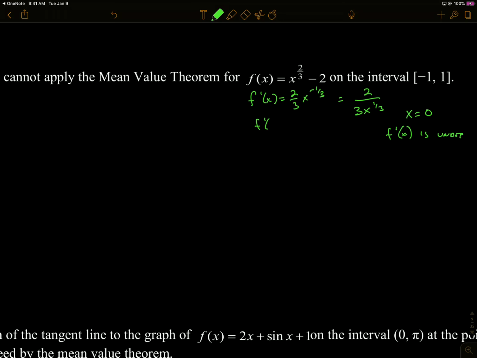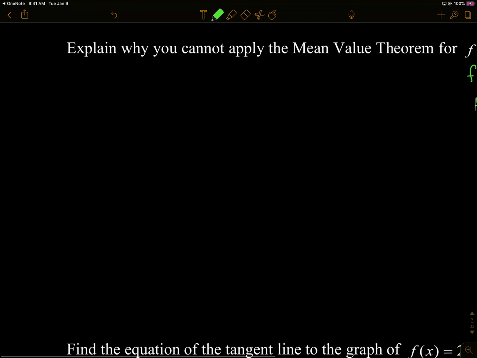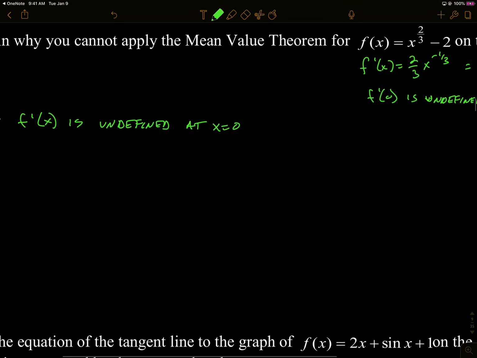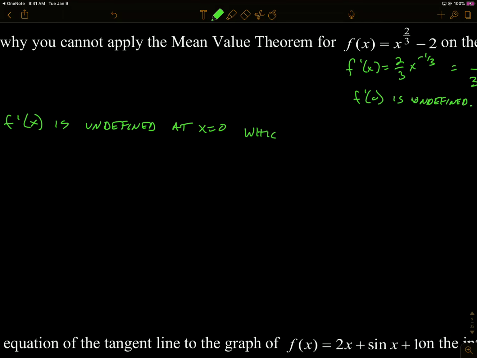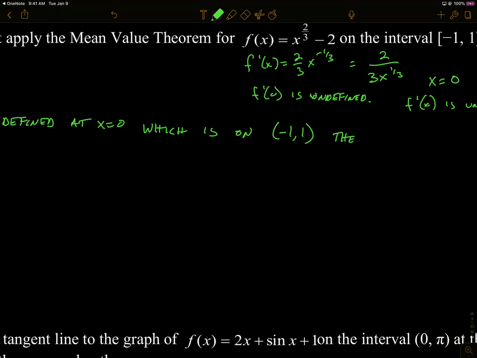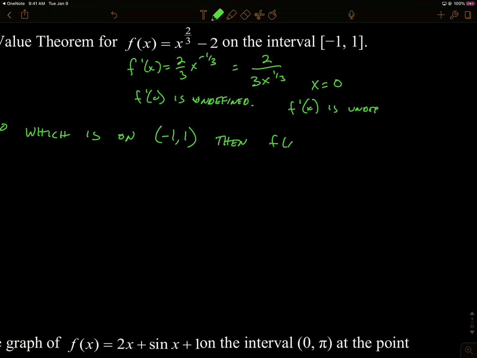So I can say f prime of 0 is undefined, which means the function is not differentiable at 0. I have to say why I know it's not differentiable, I can't just say it is, on the open interval. This means that f of x is not differentiable.